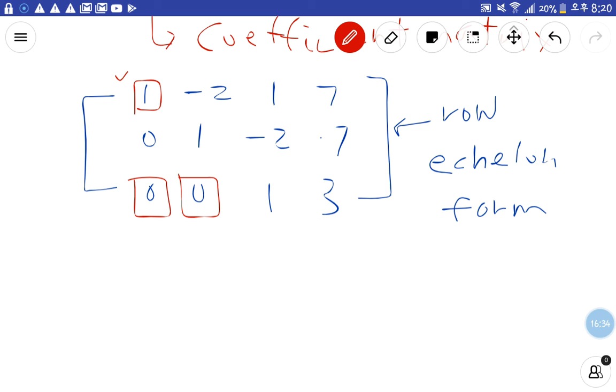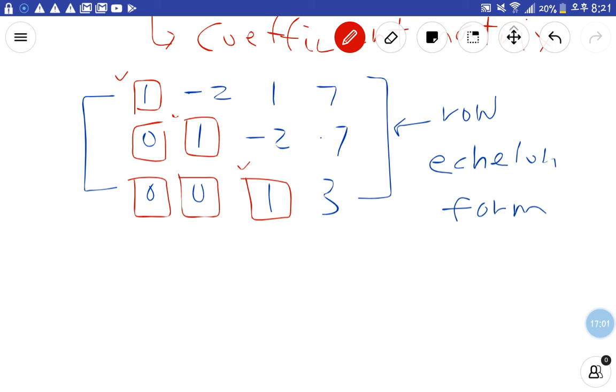And then the second row and second column, this number 1, and this 0. So your 1s form a diagonal: first row, first column is 1, second row, second column should be 1. That is satisfied right here, right?